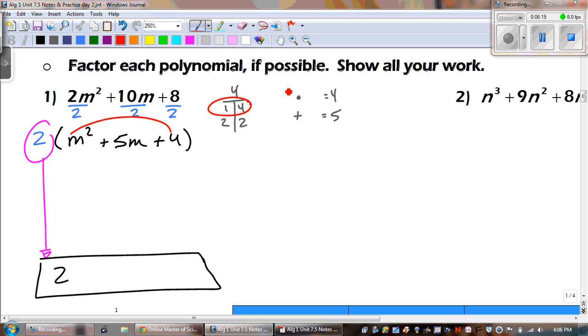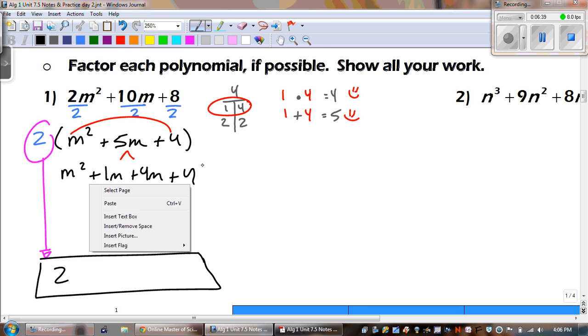Hopefully you're saying 1 and 4, because 1 times 4 is 4, and 1 plus 4 is 5. So we're going to split the middle term: m squared plus 1m plus 4m plus 4. And let's make that actually look like a 4.